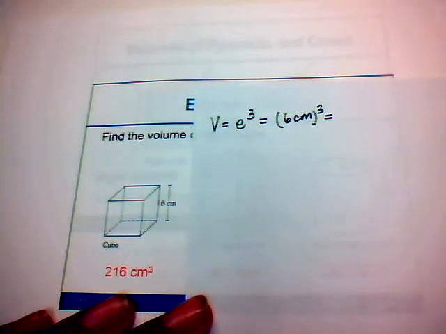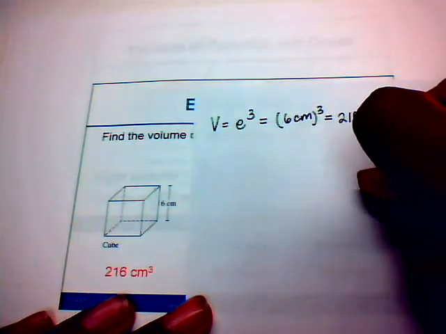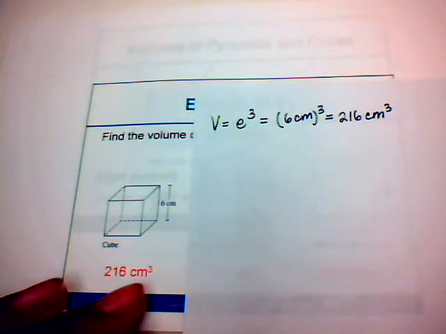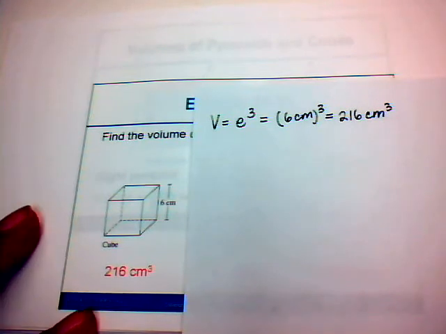So if you cube 6, that's 6 times 6 times 6, which is 216 cubic centimeters. Okay, so the volume is 216 cubic centimeters. Keep in mind the volume is always going to be in cubic units. And as you recall, the area is always in square units, so the volume is going to be in cubic units.